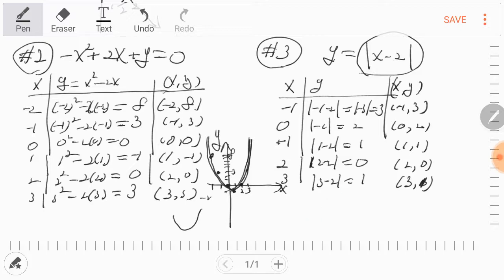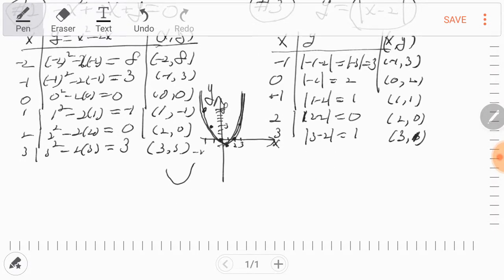Okay, then plot these points. X-axis, y-axis. X is -1, y is 3. 1, 2, 3. X equals 0, y is 2. X equals 1, then y is 1. X equals 2, then y is 0. X equals 3, then y is 1.